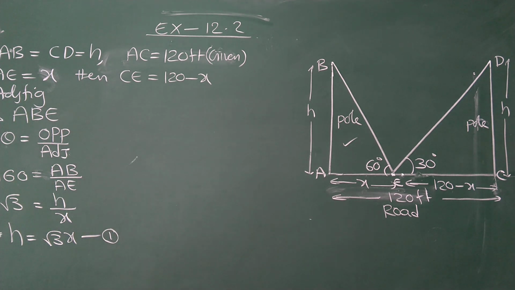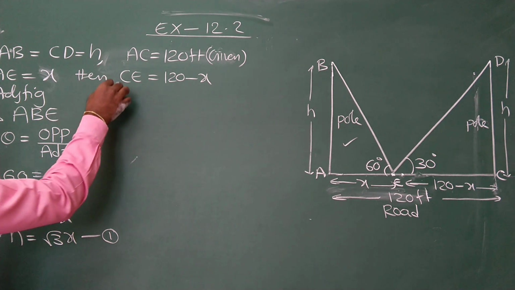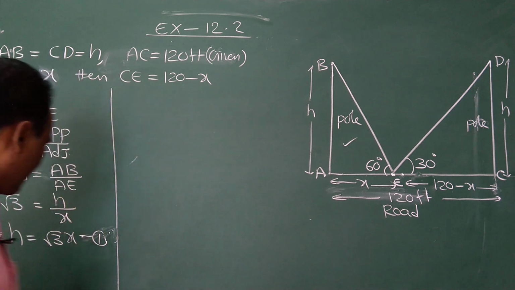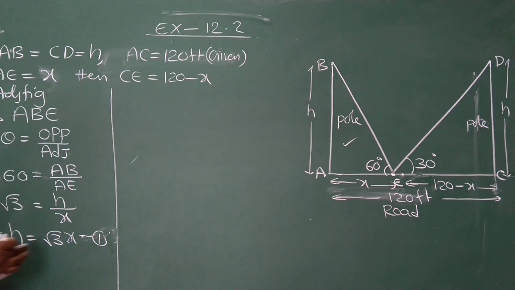For the other right angle triangle, we can't do anything yet, because from one equation we can't find X and H, two values.